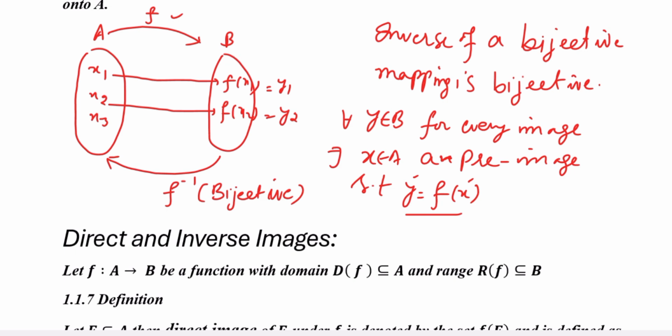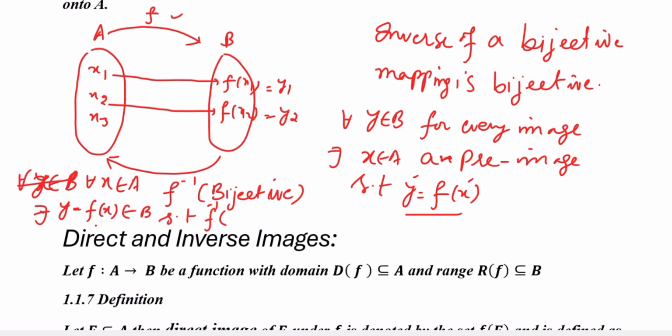For this I need to show for all x belong to A, there exists a y is equal to f of x belong to B such that when I apply f inverse on this y, I get answer x.